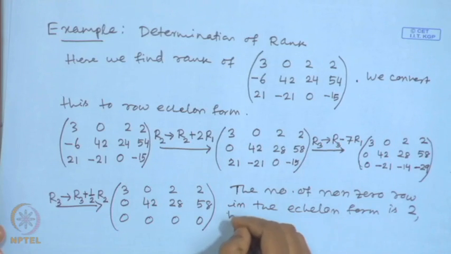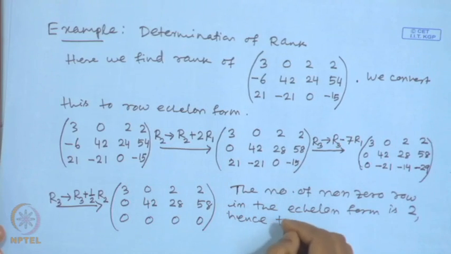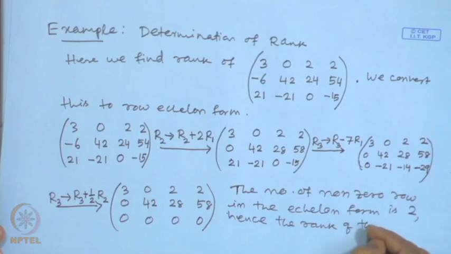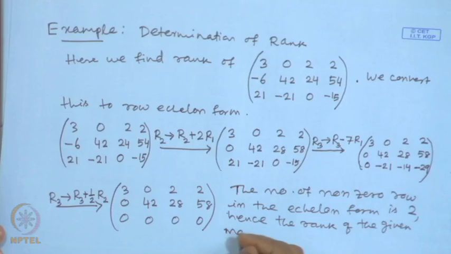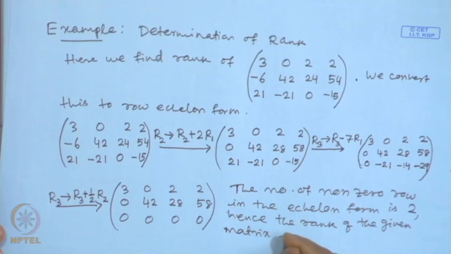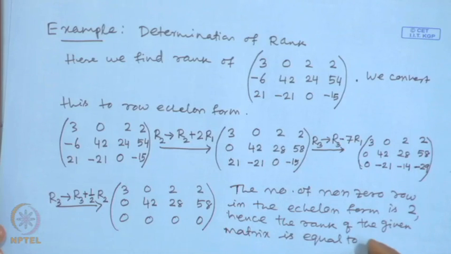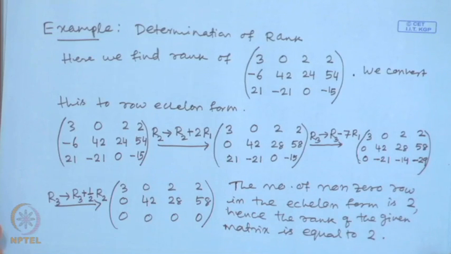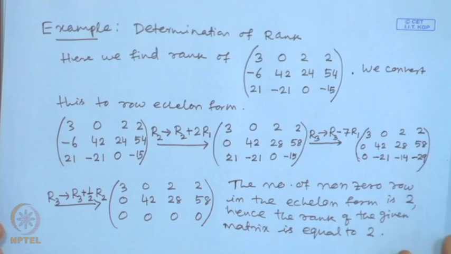Hence, the rank of the given matrix is equal to 2. So, this is how we find the rank of a matrix by applying its echelon form.